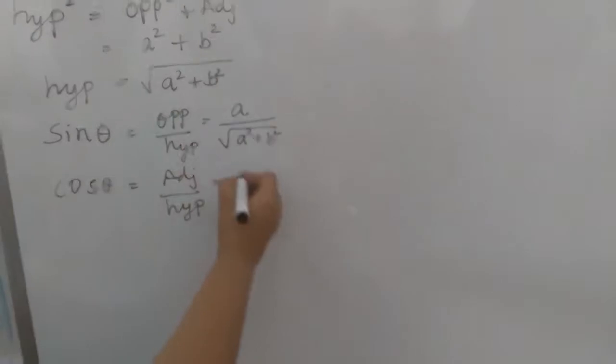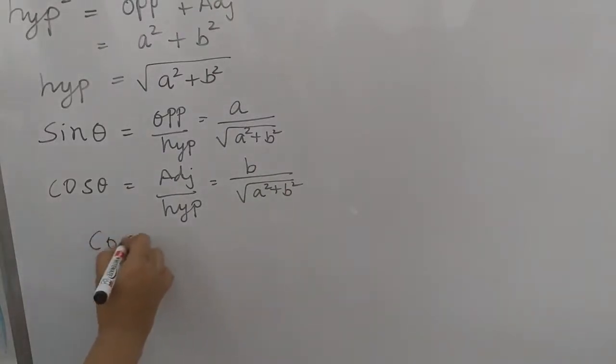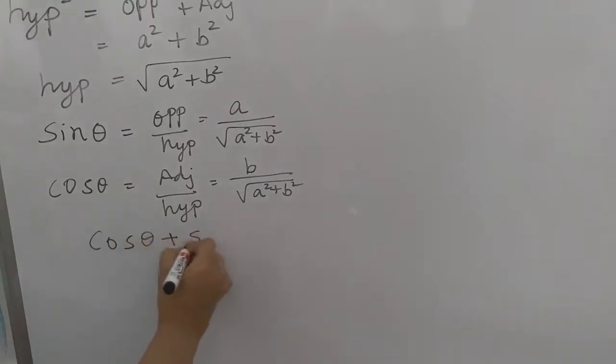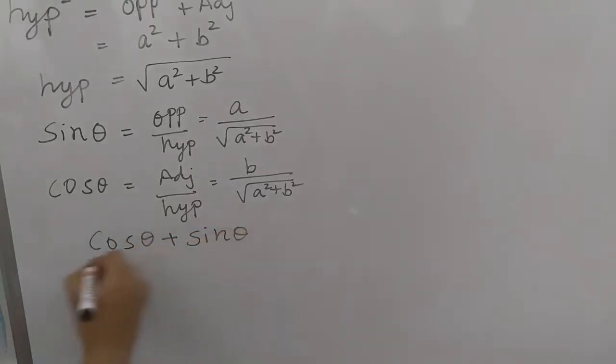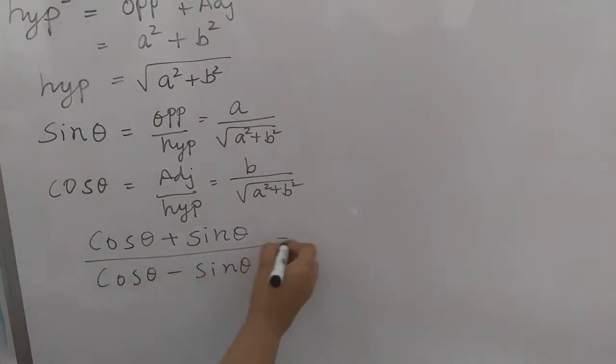So adjacent means b upon square root a square plus b square. Now let us find the given value. So here I write cos theta plus sin theta upon cos theta minus sin theta.